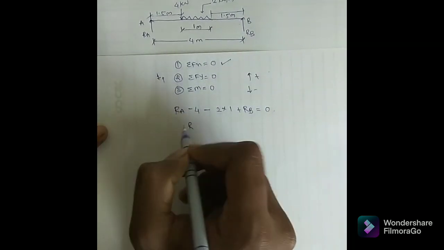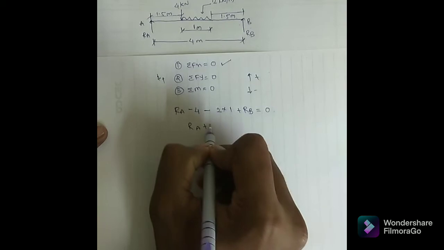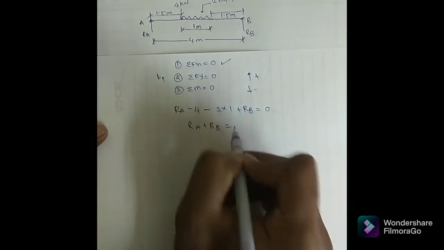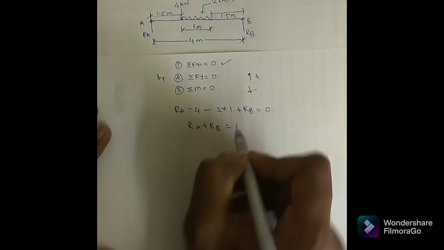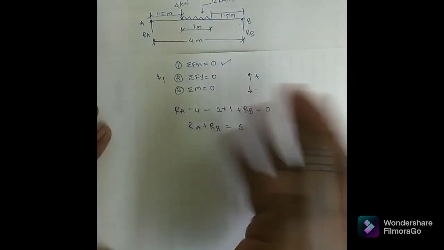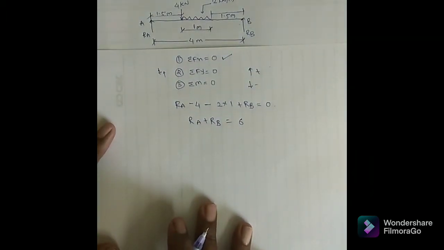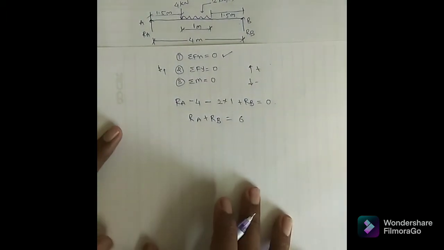So I can write it as RA plus RB is equal to 6. I have just taken the values to the right hand side.